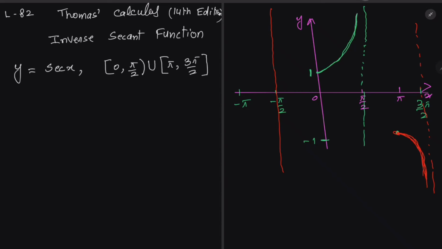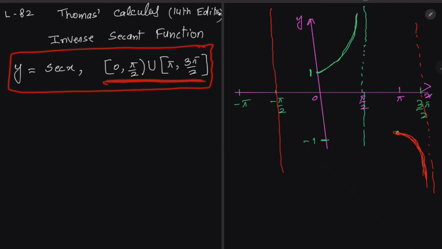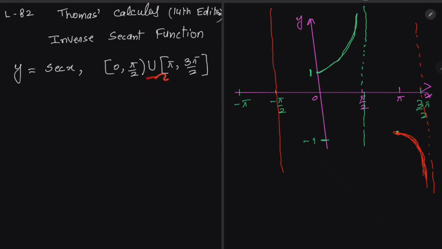So we have decided this is our candidate for the inverse secant x in this domain. The actual domains are different, but we restricted our domain to 0 to pi by 2 union pi to 3 pi by 2. The first step to find the inverse is to replace y with x and x with y. That's the first thing we do.